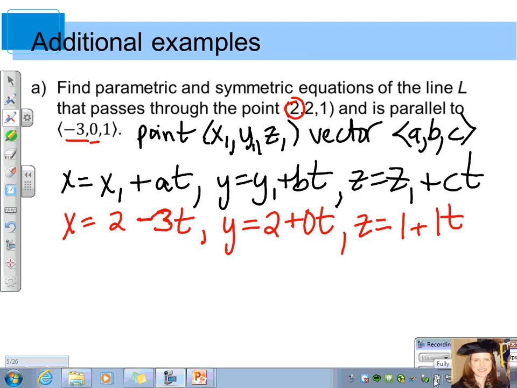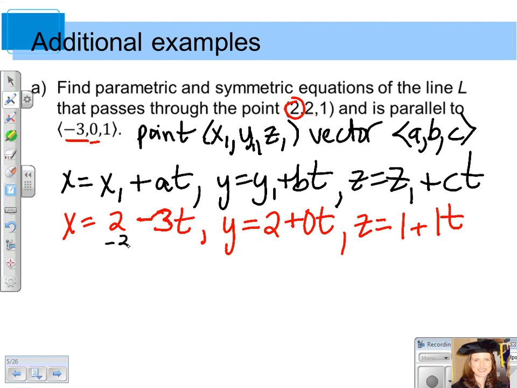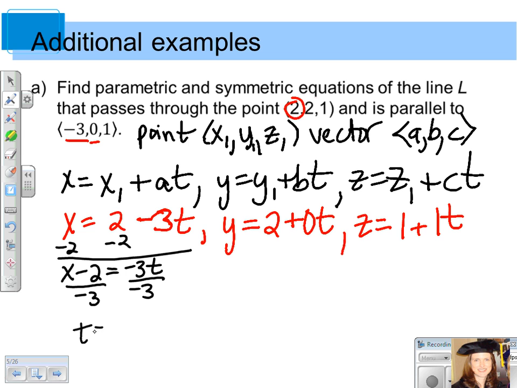To find the symmetric equations, we solve each one of these for t. You can solve the first for t by subtracting 2 from both sides, and you get x minus 2 equals negative 3t. By dividing both sides by negative 3, you get t equals x minus 2 divided by negative 3.